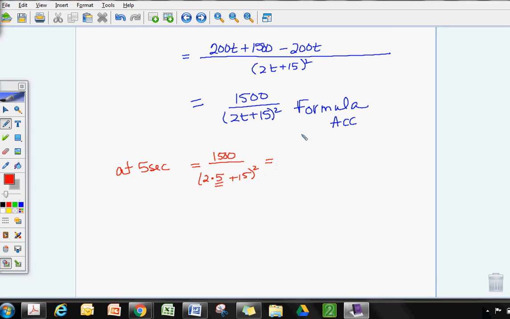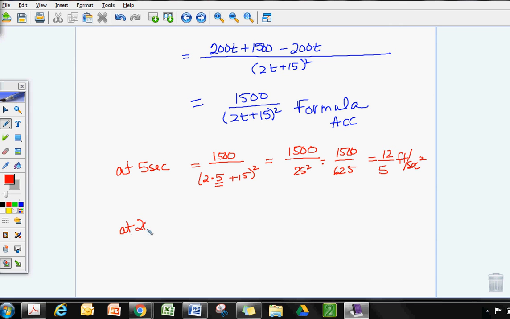And when I do that, that's 1500 all over 10 plus 15 is 25 squared, which is 1500 over 625, which reduces down to 12 over 5. And this would be feet per second squared.